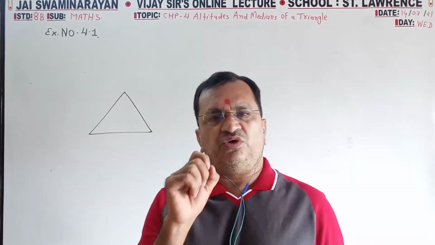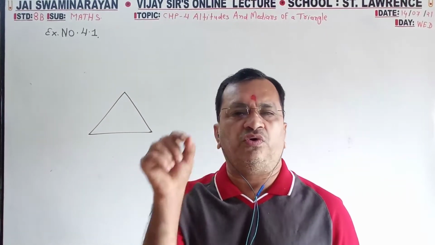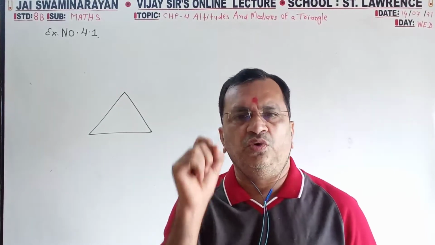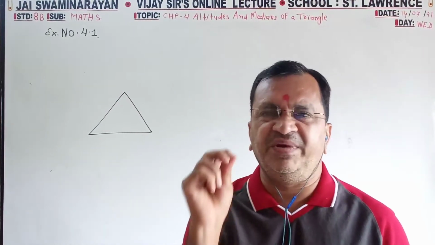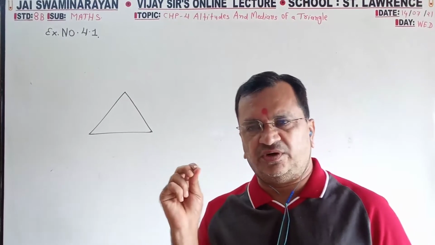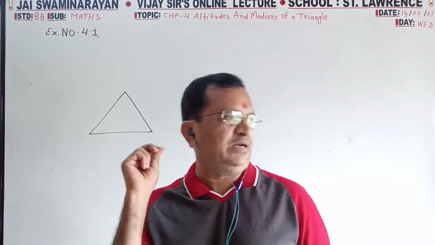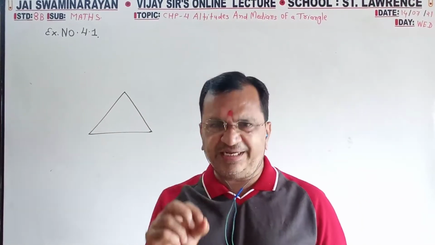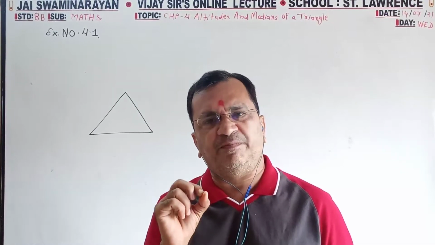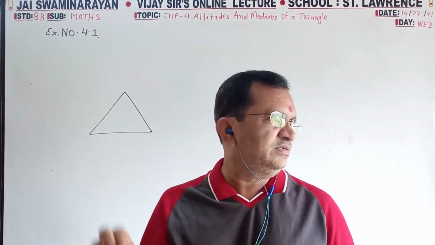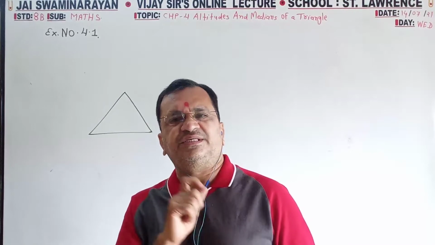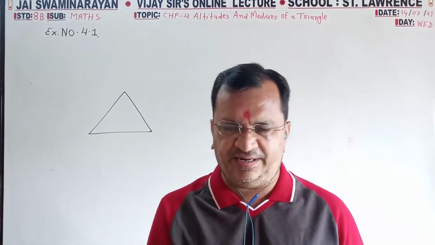That point is known as the orthocenter, O. O is concurrent, meaning 3 lines pass through a single point. So that point is known as the concurrent point, and those 3 lines are said to be concurrent lines.